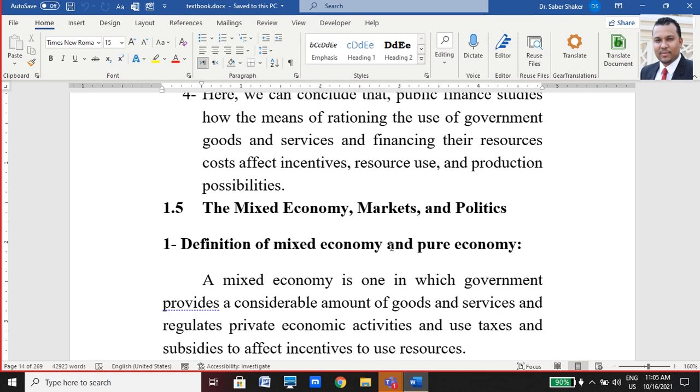In some cases you can insert conditions to benefit from public goods and services, and in other cases the resident pays only a part of the real cost.